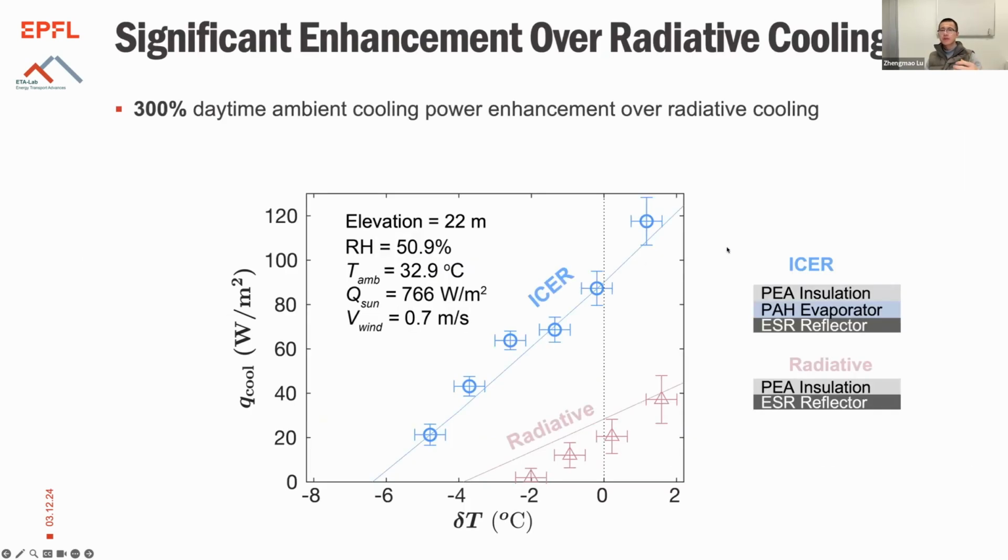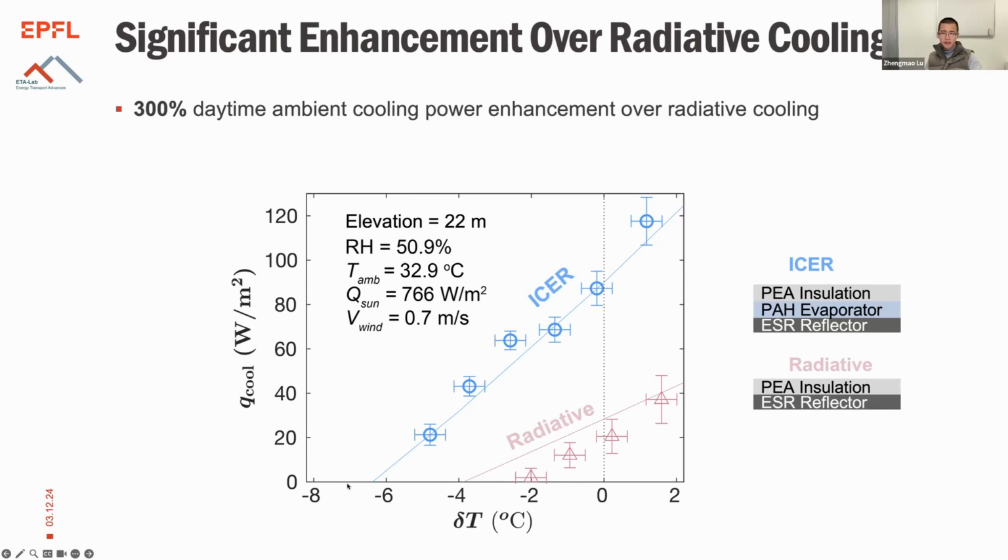And compared to a pure radiative cooling, what we did was we embed a heater in the cooling stack and compare this to a state-of-the-art radiative cooler. What we're plotting here is the cooling power, that's the power you put into the heater, as a function of the steady state temperature relative to the ambient.